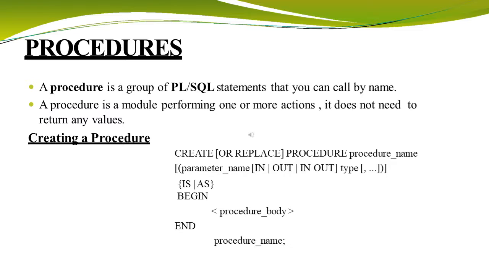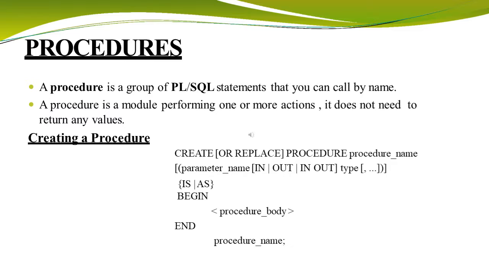A subprogram can be created at the schema level, inside a package, inside a PLSQL block. At the schema level, subprogram is a stand-alone subprogram. It is created with the create procedure or the create function statement.